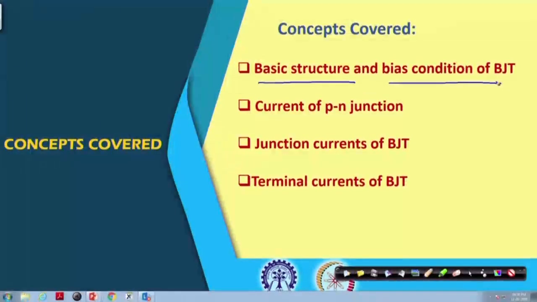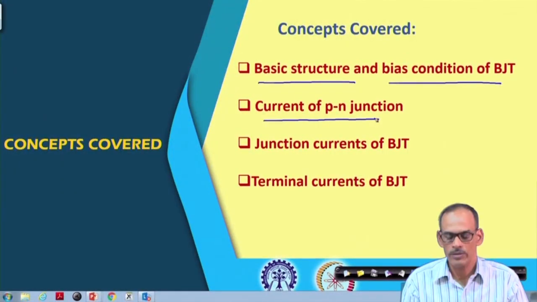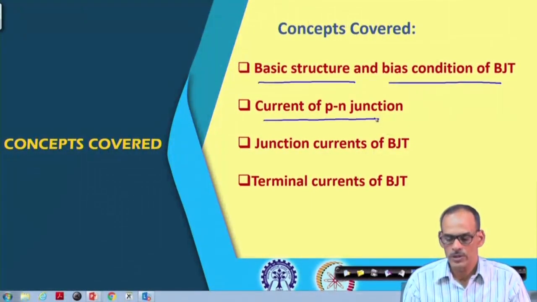And then we will start with the current equation of a normal or standard PN junction, it may be silicon or germanium, starting with an isolated junction, and then gradually moving towards the two junctions.